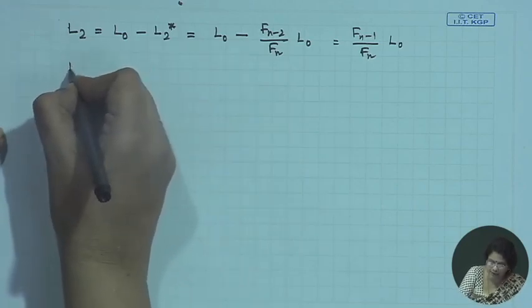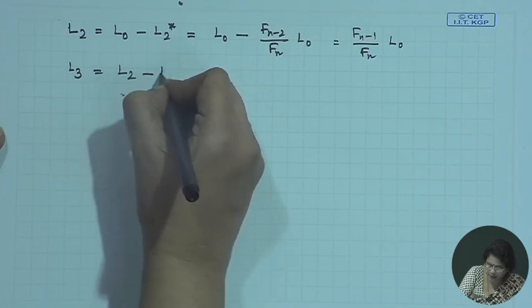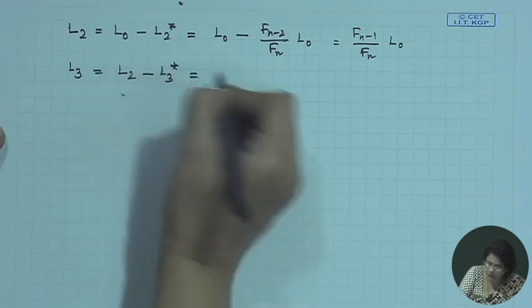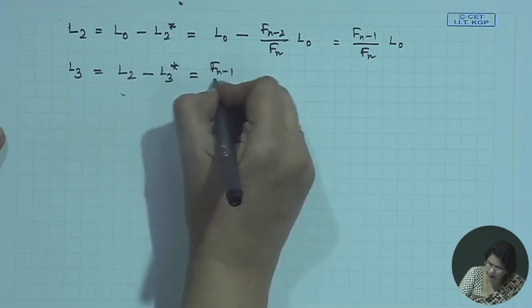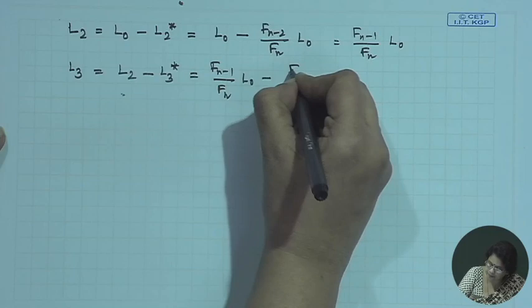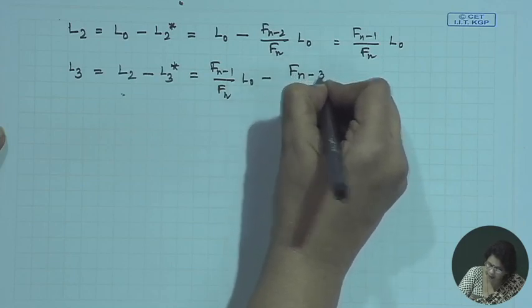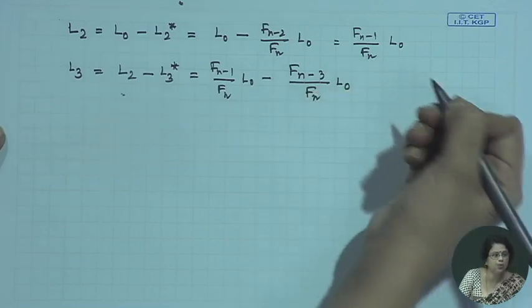Go to L3. L3 is equal to L2 minus L3 star. What is my L2? L2 is equal to Fn minus 1 by Fn L0 minus Fn minus 3 by Fn L0.